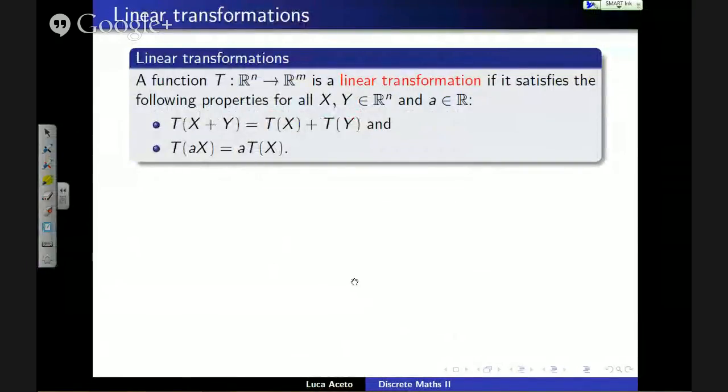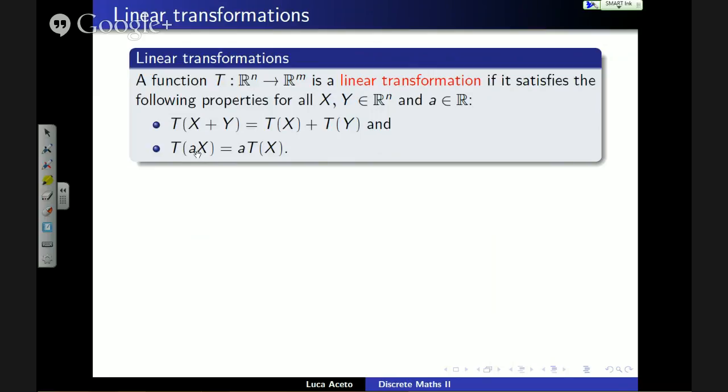Suppose somebody tells you t is a linear function. What is the value that t will return when you feed it with the zero vector? What do you think? Somebody said 0, and that's absolutely right. Why? Because the zero vector you can obtain by taking 0 times any vector that you like.